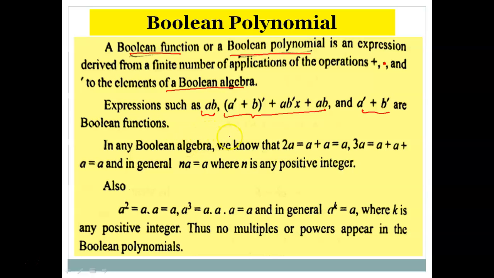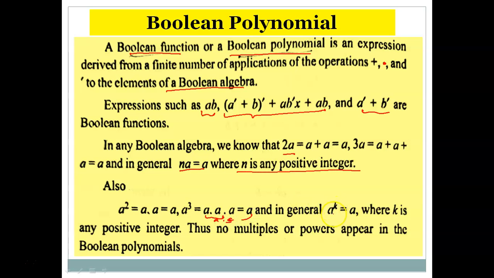So in any Boolean algebra, we know that 2a equal to a plus a equal to a, 3a is this thing, and this way n into a equal to a. So n is any positive integer. Also a square equal to a. And a cube can be written as a dot a dot a. So a dot a gives you a, then further a dot a gives you a only.